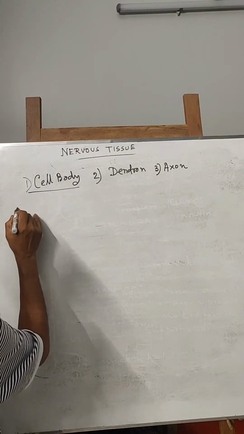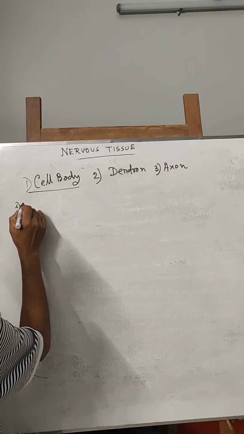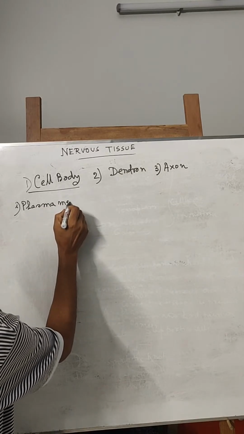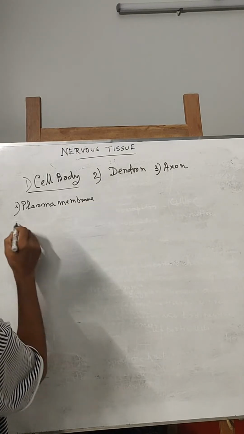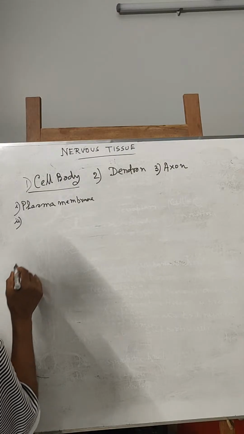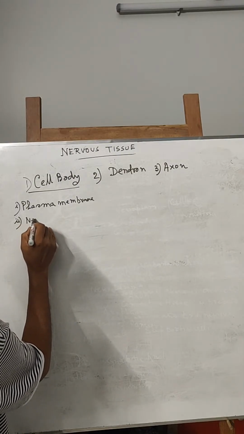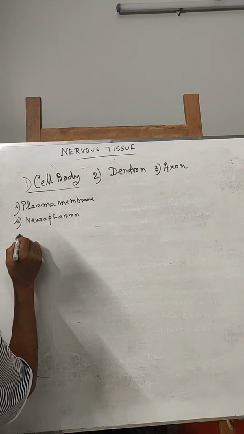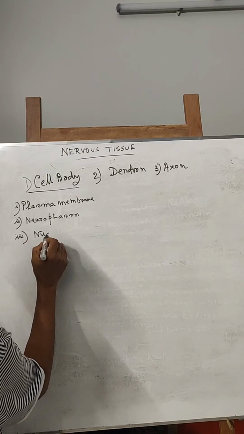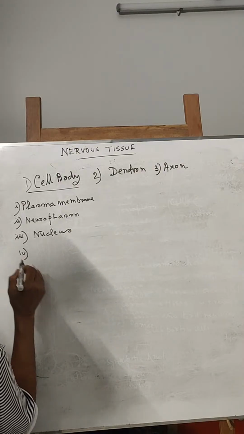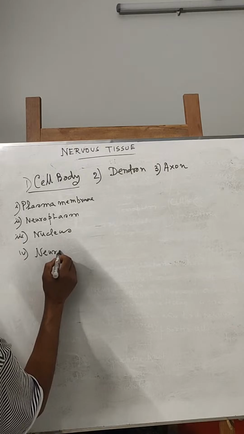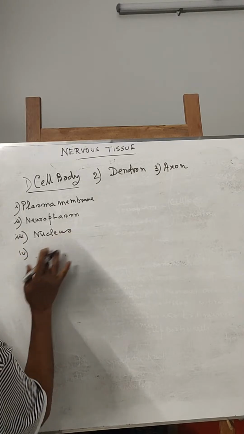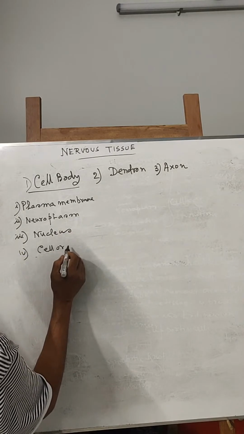In the cell body there is present: one, plasma membrane; two, neuroplasm; three, nucleus, a single nucleus; four, cell organelles.